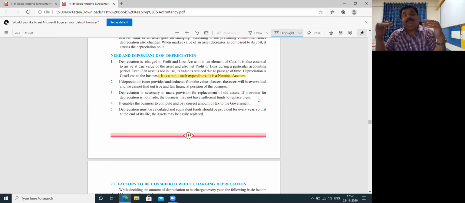So that is the very basic purpose of charging depreciation, to create the provision for the replacement of the old asset with the new one when the old asset is expired. Your old asset is finished, it has become scrap, now you need a new asset. If you want a new asset, then this provision is really helpful.